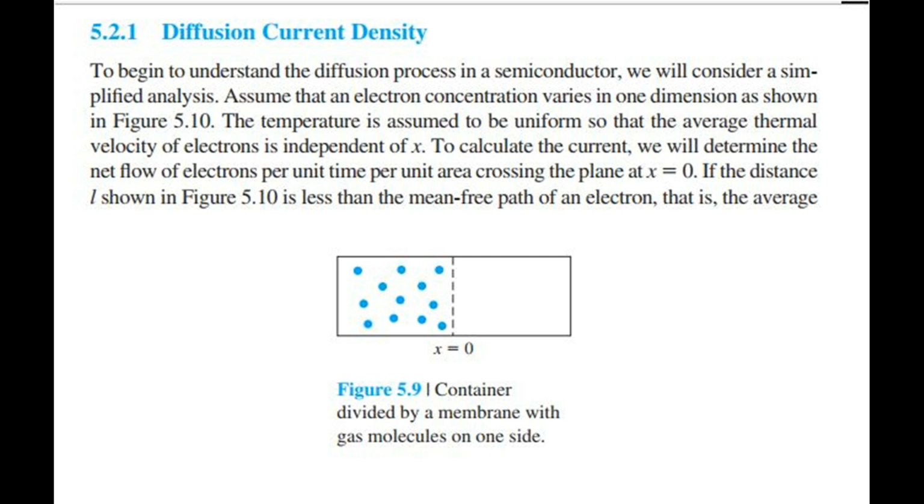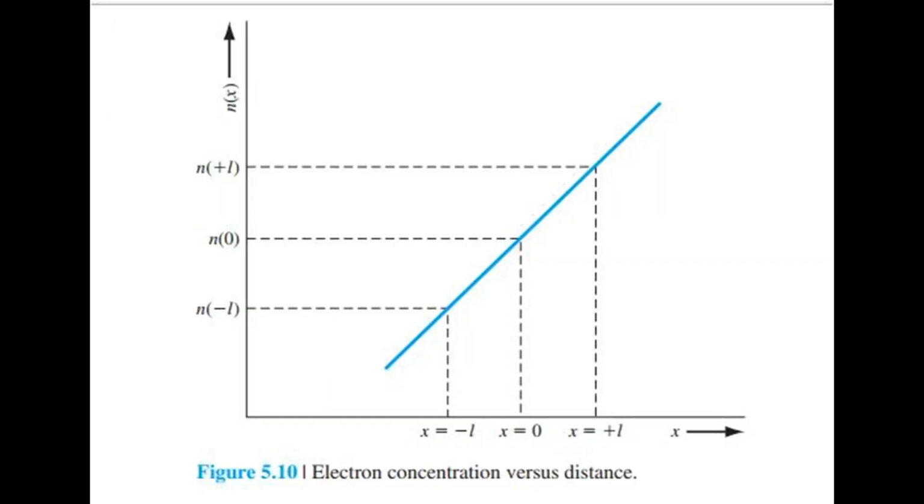To calculate the current, we will determine the net flow of electrons per unit time per unit area crossing the plane at x0. If the distance L shown in figure 5.10 is less than the mean free path of an electron, that is, the average distance an electron travels between collisions, L < vth·τcn, then on the average, electrons moving to the right at x = -L and electrons moving to the left at x = +L will cross the x0 plane.